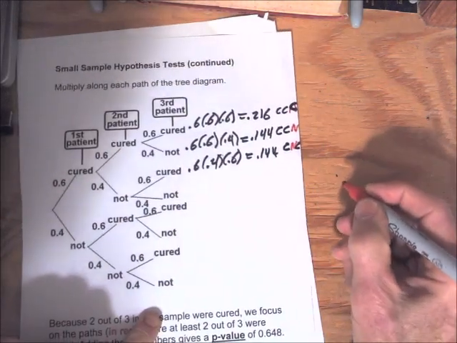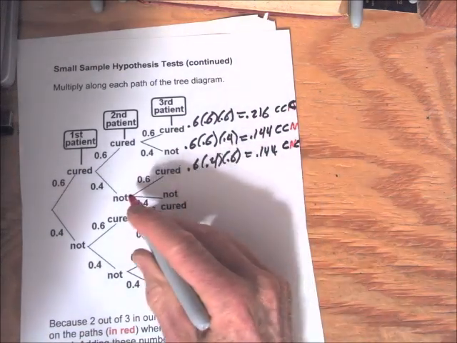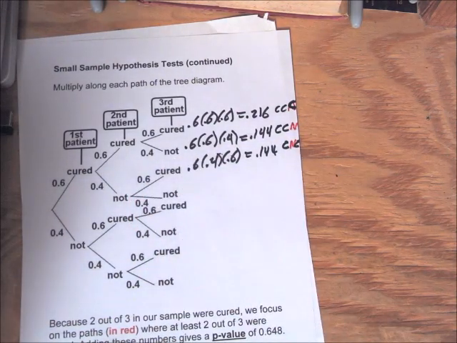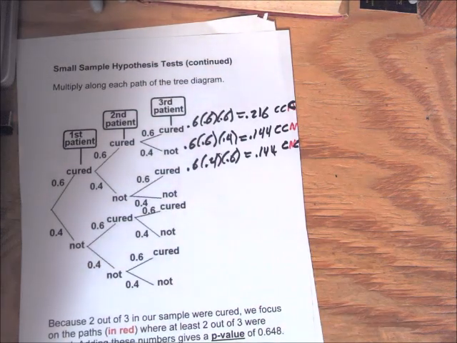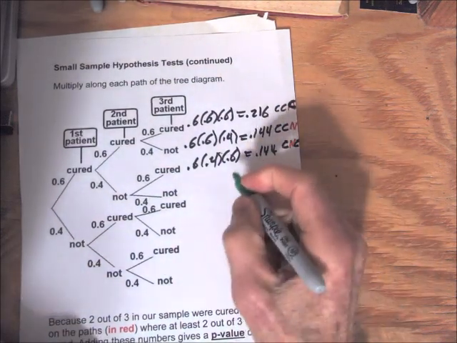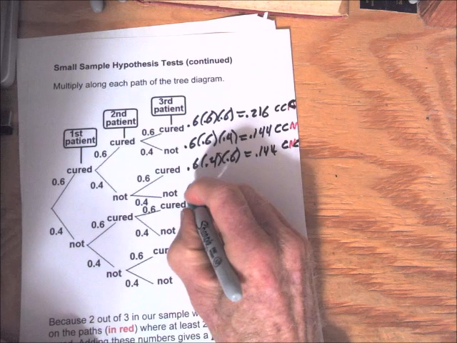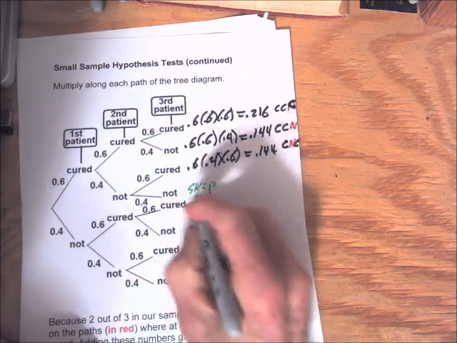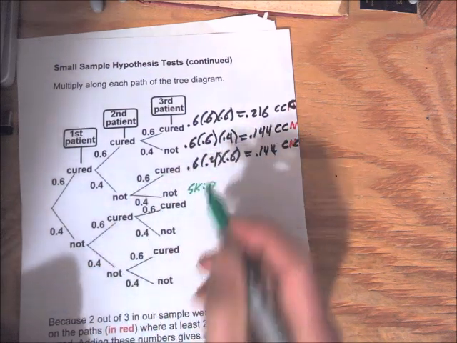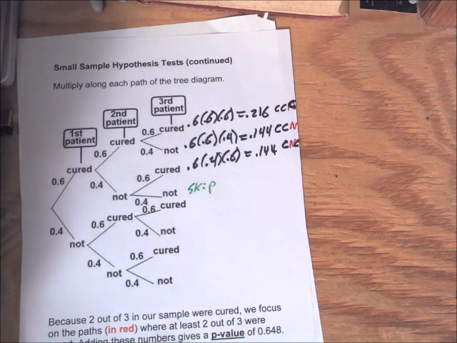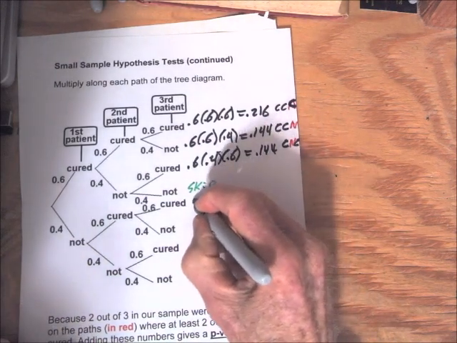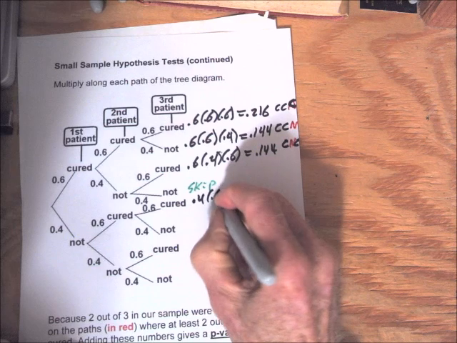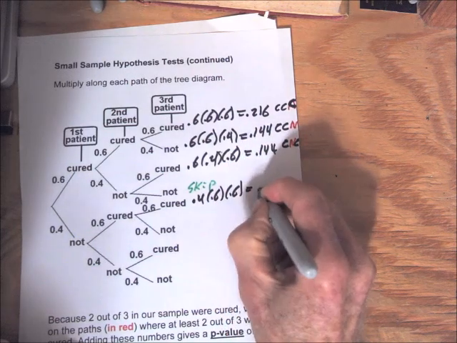Okay, and then we have 1 cured and 2 not. And we can actually skip that path there. We only need the paths with at least 2 of the 3 cured, so we can skip this path here. And not cured, cured, cured: 0.4 times 0.6 times 0.6, 0.144.